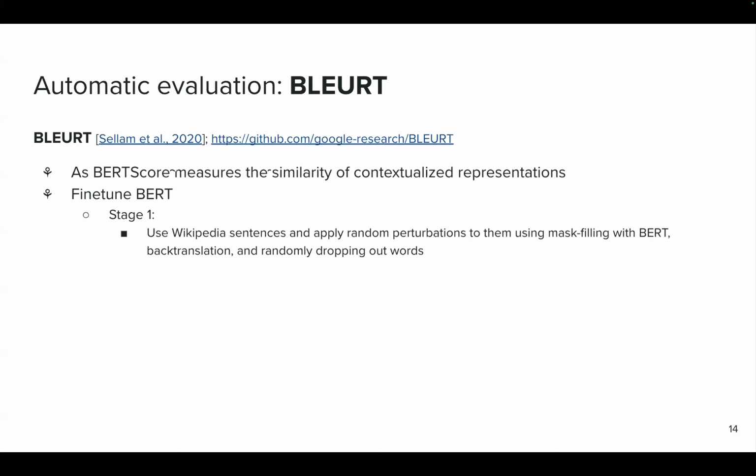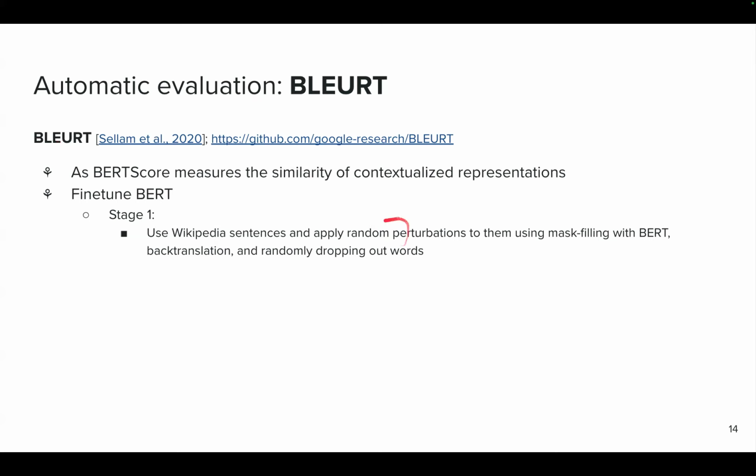For example, they use the masked language modeling objective. If you remember, that means masking some words in your text and then having BERT fill in the gaps. They use back translation. That means you use some translation system, and let's say you translate a sentence from English to Chinese, and from Chinese back to English, which will cause some small variations.